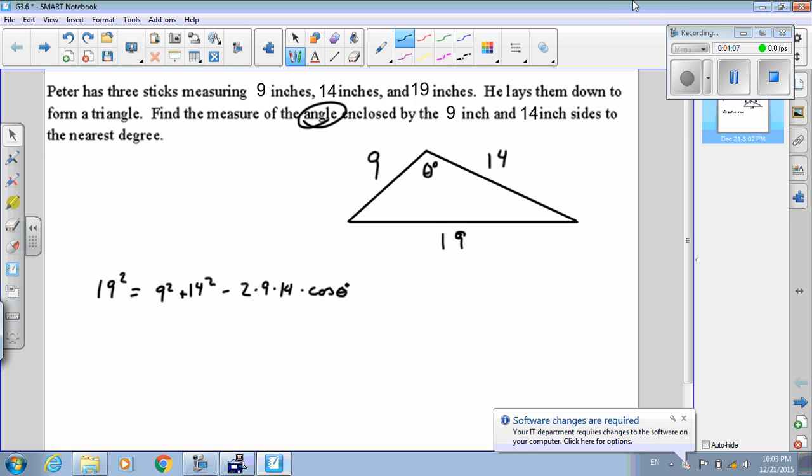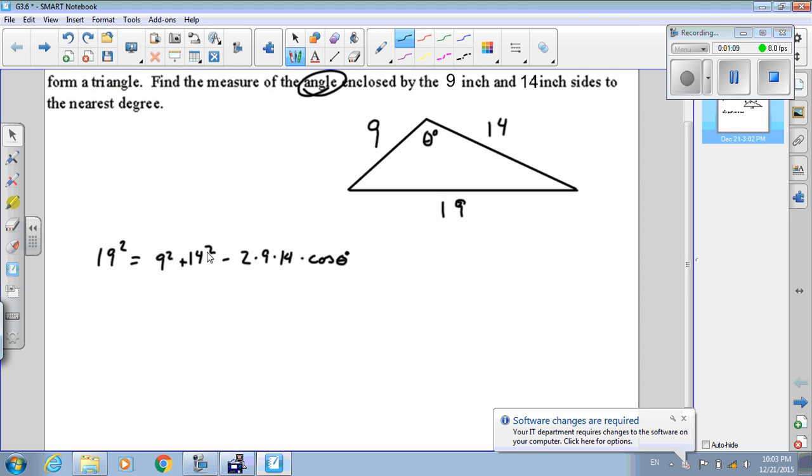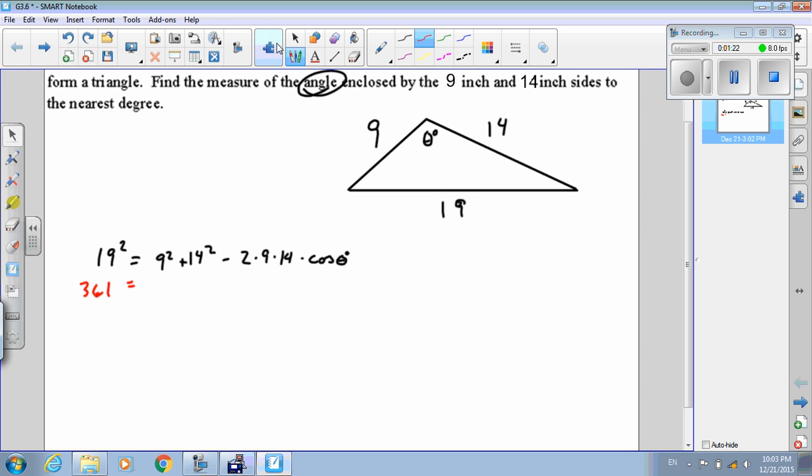So here let's do a little bit more work. You can't put this all in your calculator because we have an unknown here and we'll have to do a little bit of rearranging. So 19 squared, that's 361. It's a perfect square. Plus 9 squared, that's 81, and this is 196. 2 times minus 9 times 14, that's 126.